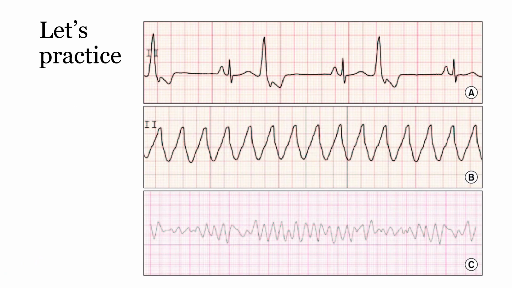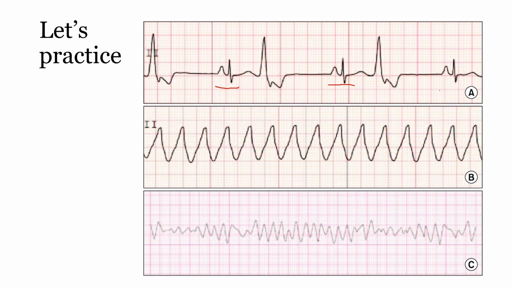compressions. So here are a couple of last strips that we can look at and we can say, what could be going on here? What do you think? Let's look at A. So A looks like there are some normal complexes here. Let me grab my pen. It looks like we may have a couple of normal complexes.